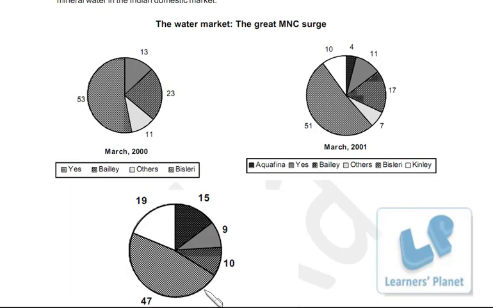So first of all, since these pie diagrams are a bit confusing, to make it easier, we just write down the name over here. So this is Yes, this is Others, this is Bisleri, and this is Bailey. Similarly, I can write down the same over here.